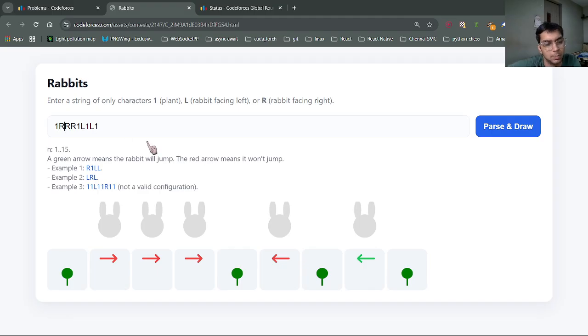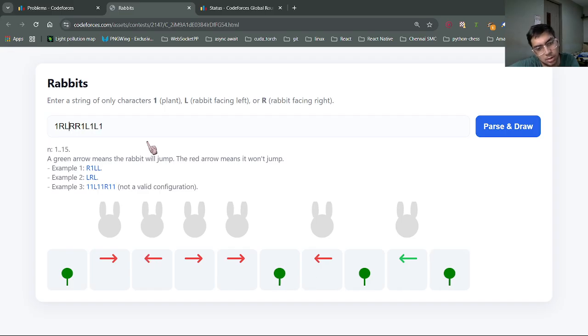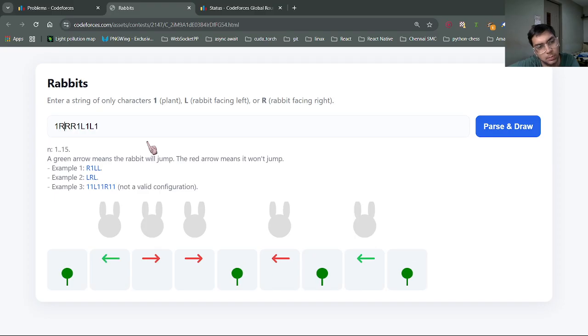See, let's try this out. So we can't make this L, right? Wow. We can't make this L. So we make it R. Okay. We can make this L. Let's just assume all by default, something like that. So we make this R. Okay. This one, I could make it L. Mm-hmm.